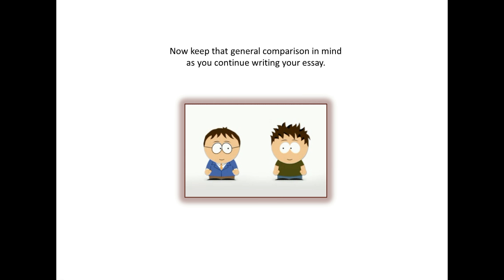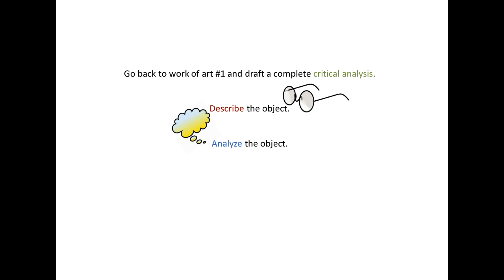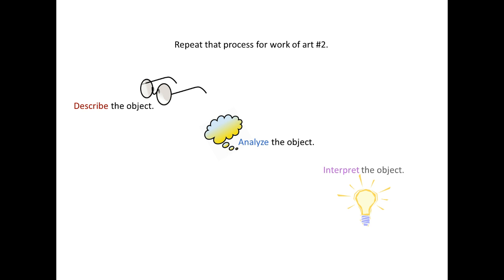Now keep that general comparison in mind as you continue writing your essay. Go back to work of art number 1 and draft a complete critical analysis. Describe the object, analyze the object, interpret the object. Repeat that process for work of art number 2, following the general pattern you used for work number 1.